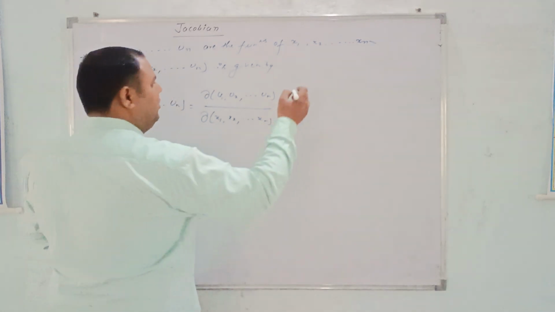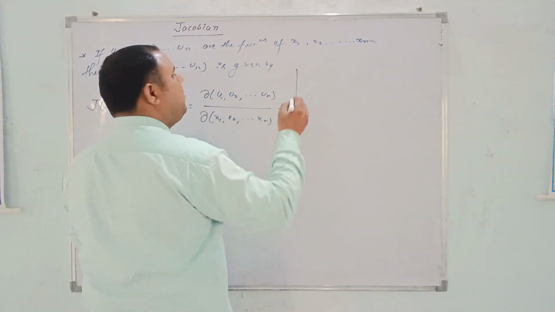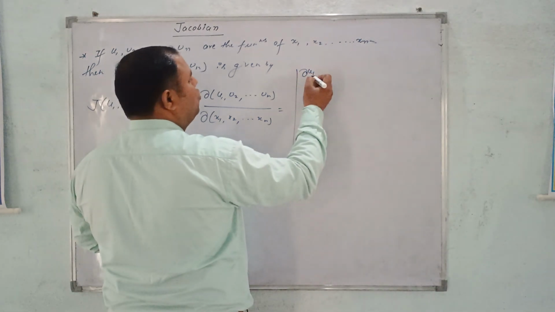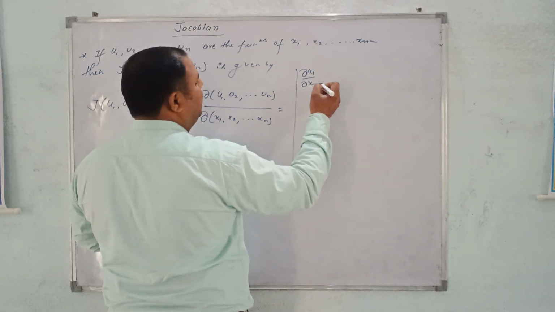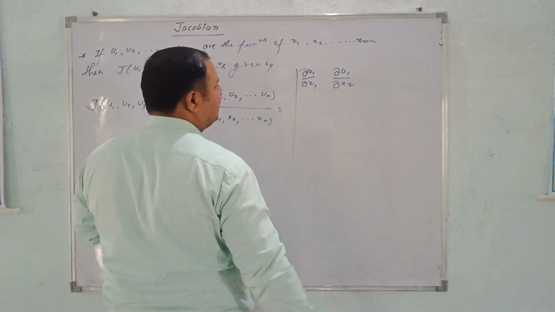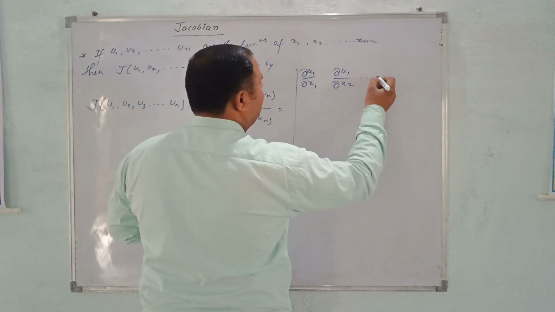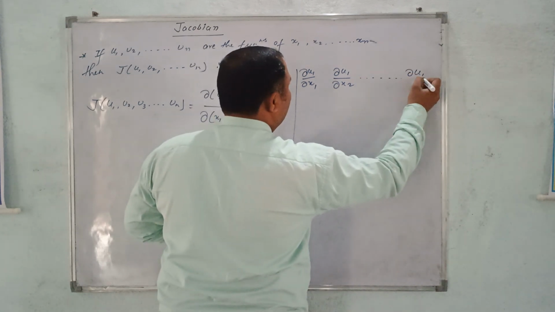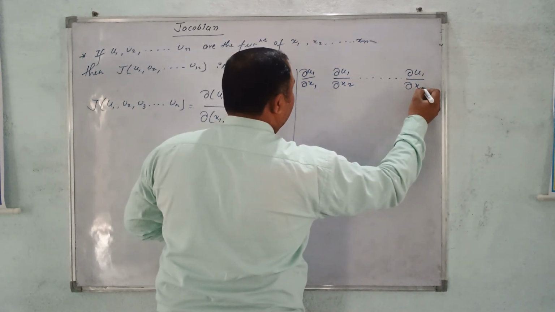which is nothing but a determinant of the form: del u1 by del x1, del u1 by del x2, and so on, del u1 by del xn.